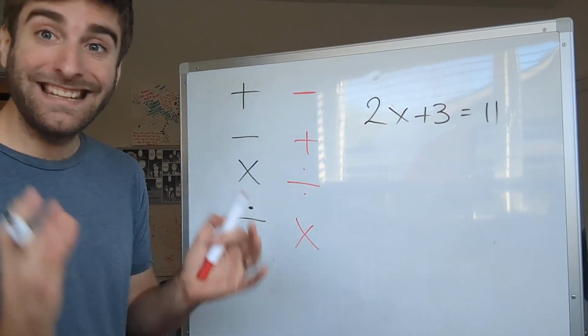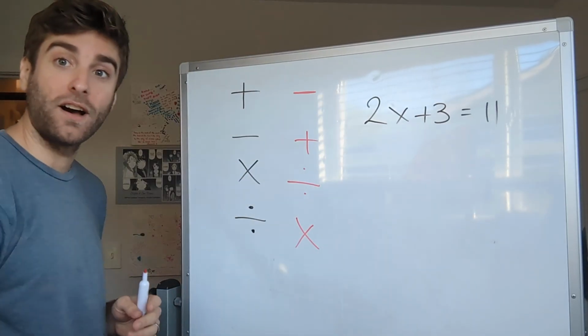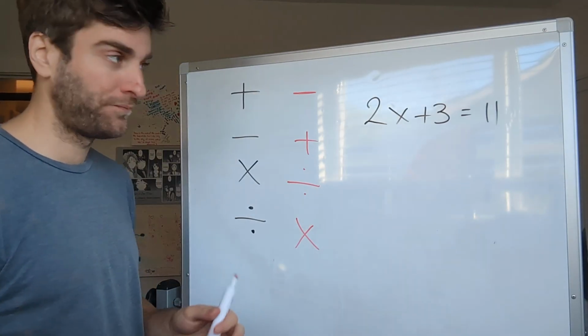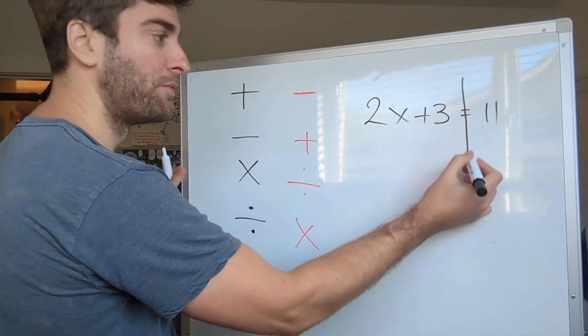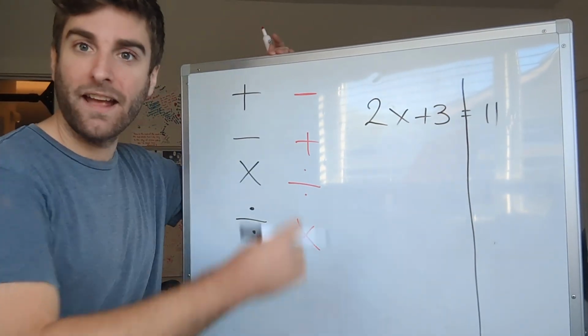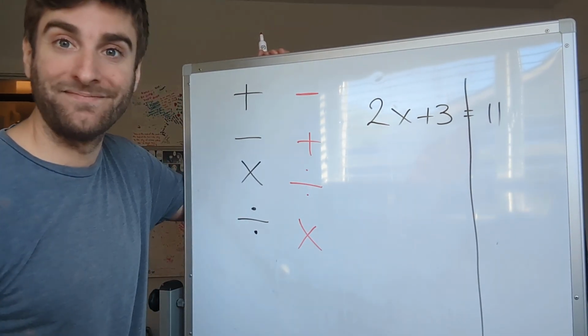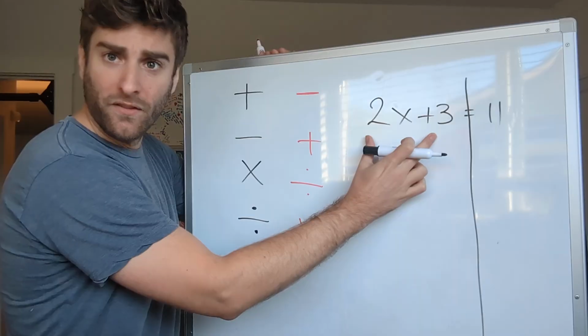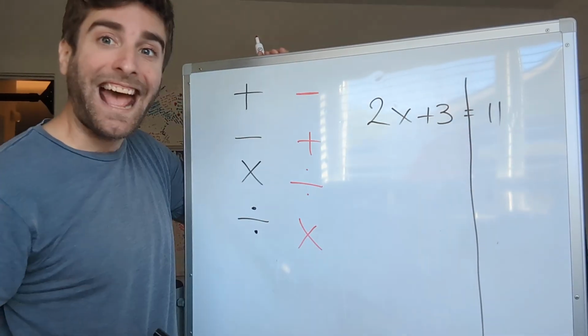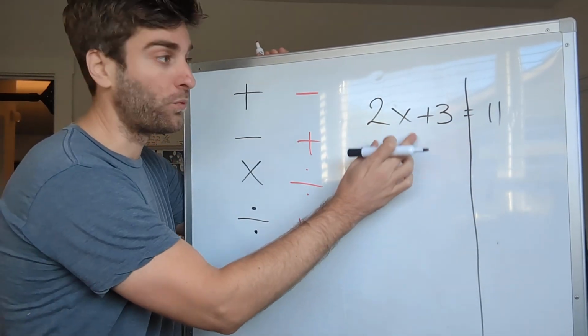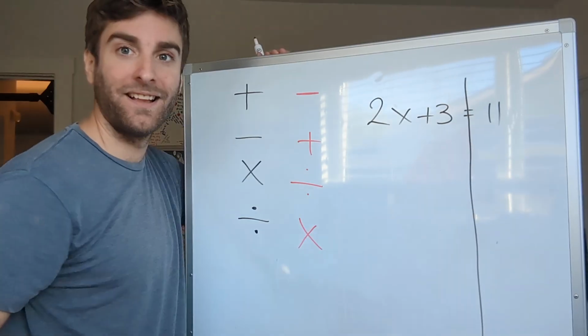Big key step here is we're going to draw a line to keep everything organized. I draw the line through my equal sign. Every time I rewrite my equation, the equal sign is going to stay on this line. Whatever this side equals, the other side has to equal it too. So whatever I do on one side of this line, I have to do to the other.